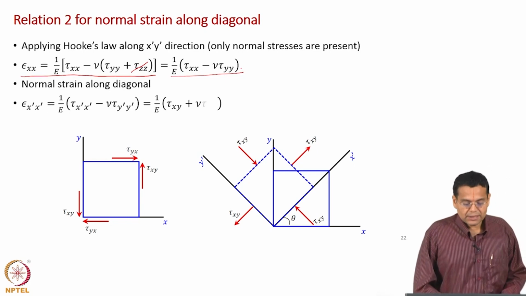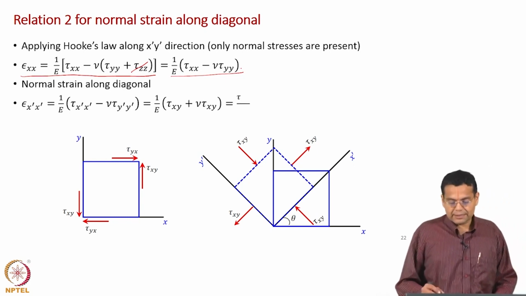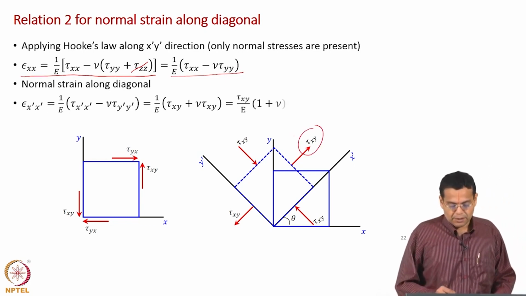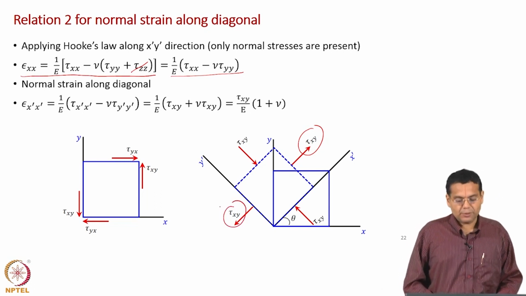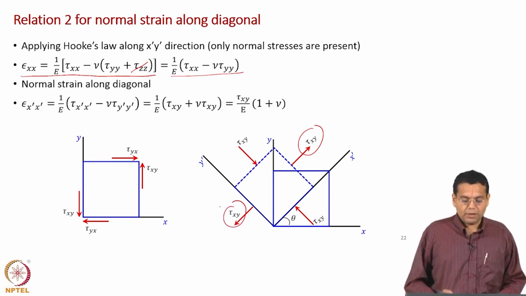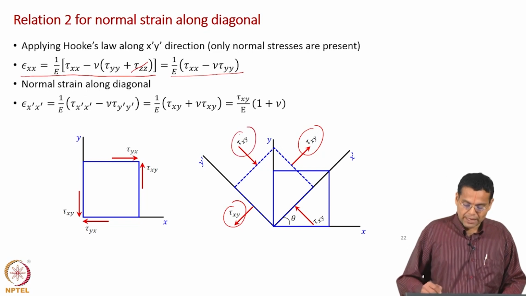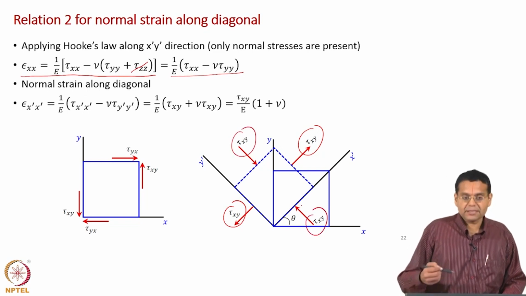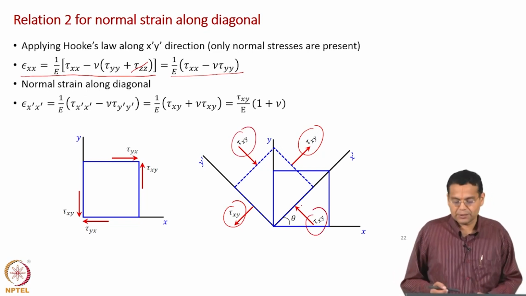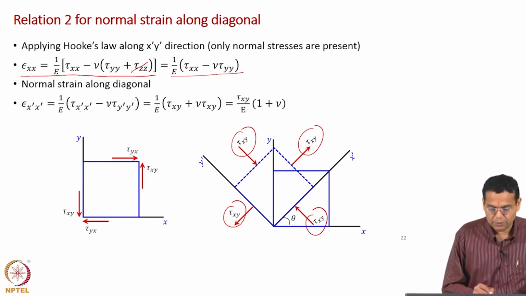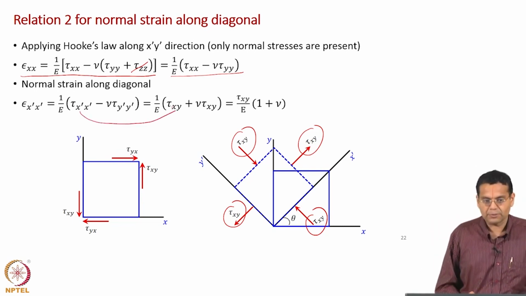Now, tau x dash is tau xy, and tau y dash is minus tau xy, because it is compressive.